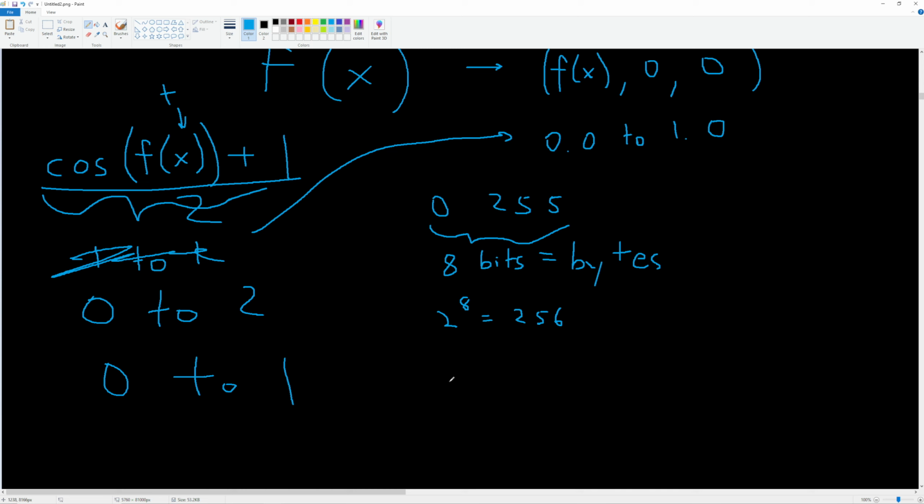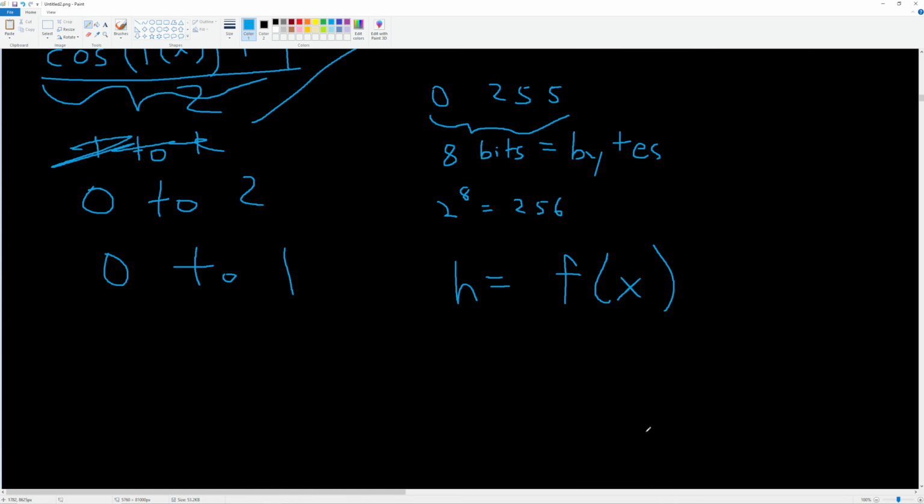So you might have this crazy thing. So let's say h is equal to, depending on the language, we don't care, just h, whatever. I picked a letter, is equal to this crazy thing. I don't know what the output is. And then I'll do s, or whatever, equals cosine h plus 1 divided by 2.